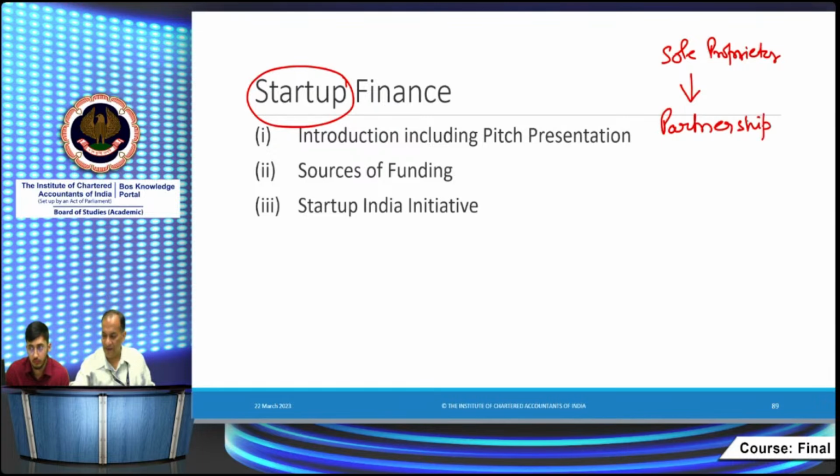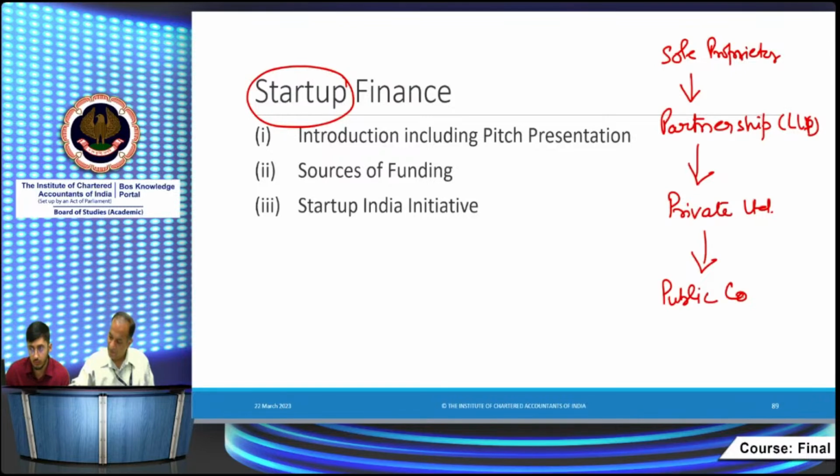Now it is called LLP, sorry, LLP. Next is your partnership. Then it becomes a private limited company. If the business grows more, then it becomes a public company. So you see that there is quite a long gestation period once a business starts.